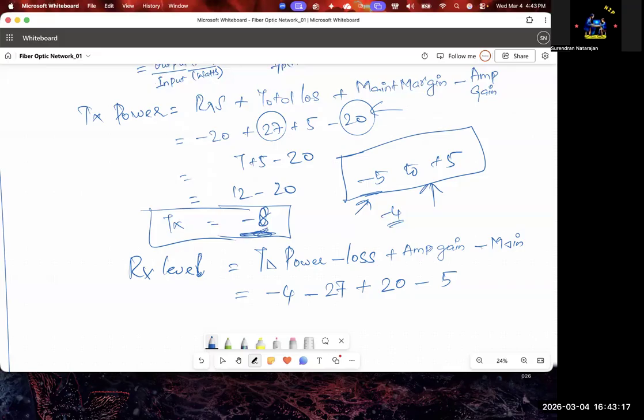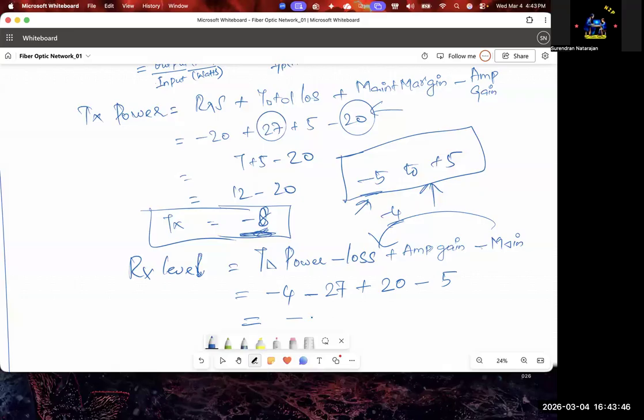So here you put minus 5 after. Actually, here it used to come. Since I forgot it and you reminded me, I just added it in the last. You are right. After, it comes like this: minus loss, minus maintenance margin, plus amplifier gain.